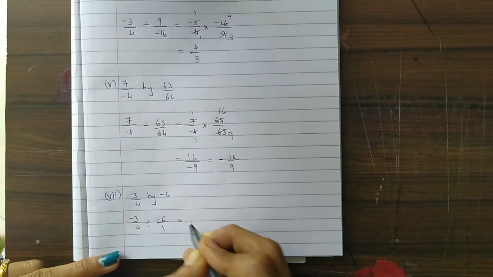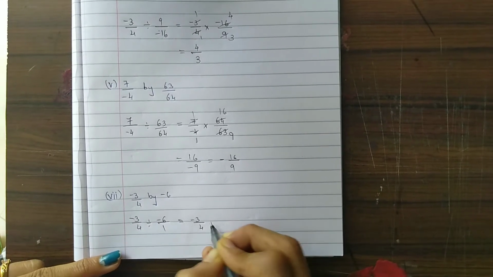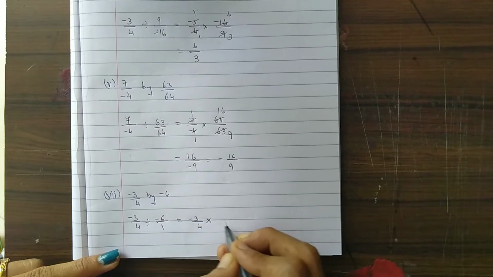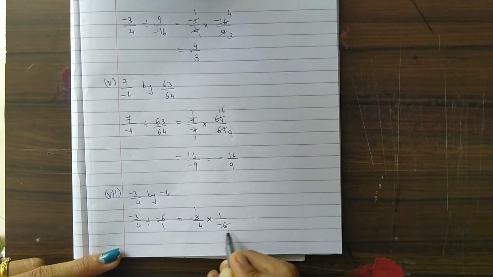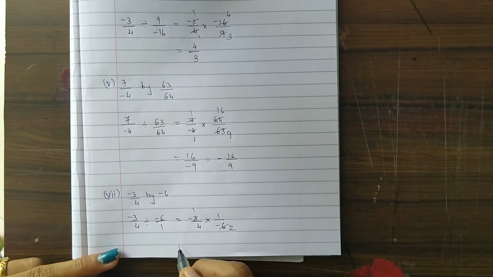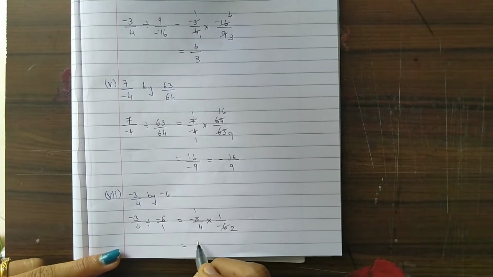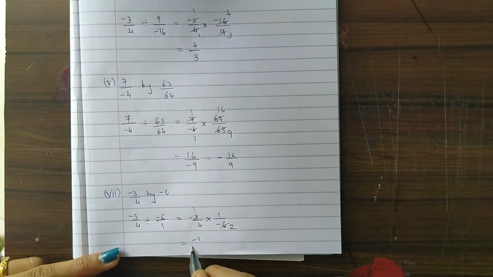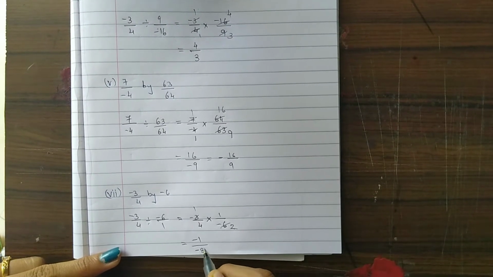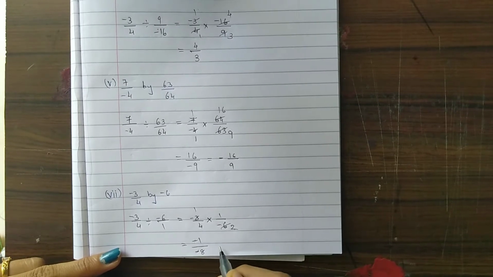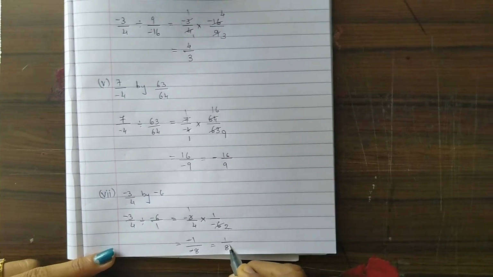Equal to minus 3 upon 4 multiplied by the reciprocal 1 upon minus 6. 3 ones are 3, 3 twos are 6. Now minus 1 into 1 is minus 1, 4 into minus 2 is minus 8. Now minus minus cancel, so equal to 1 upon 8.